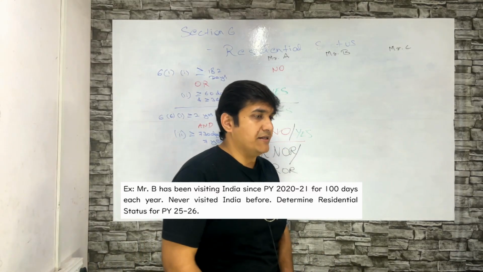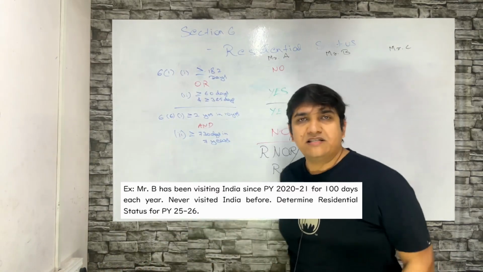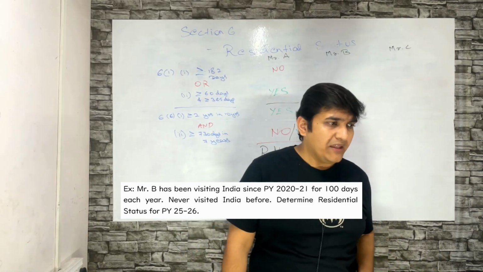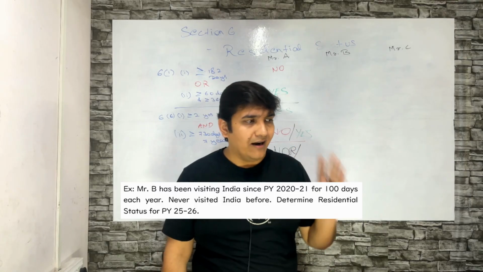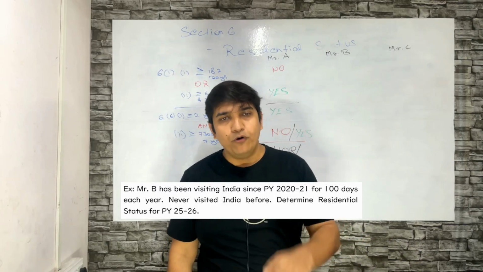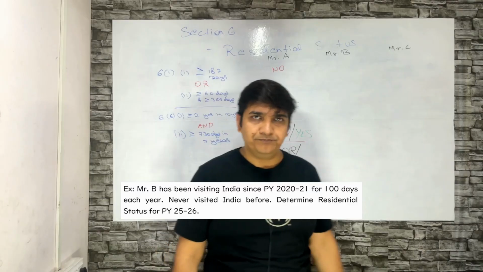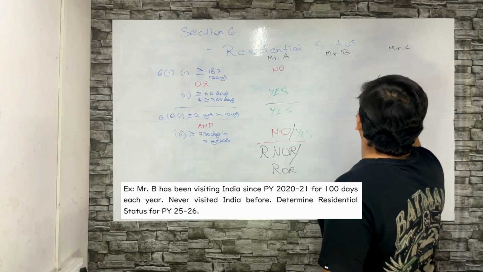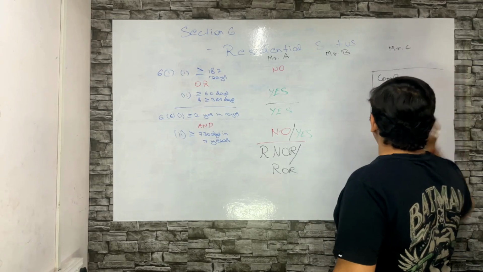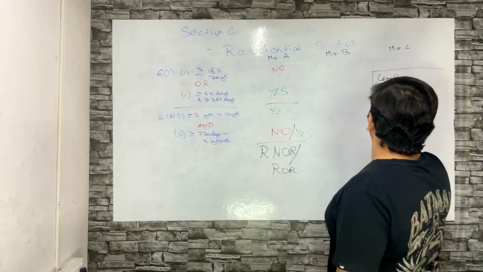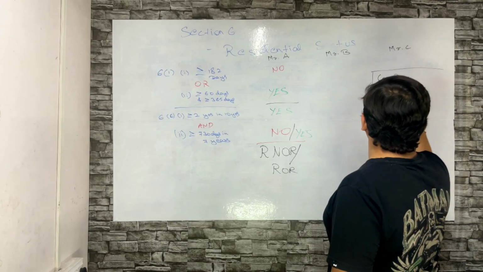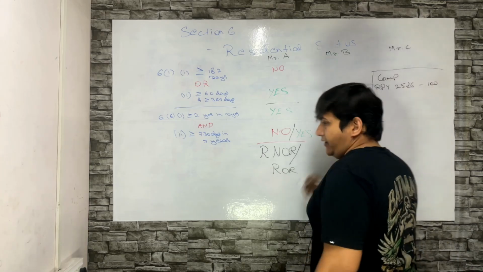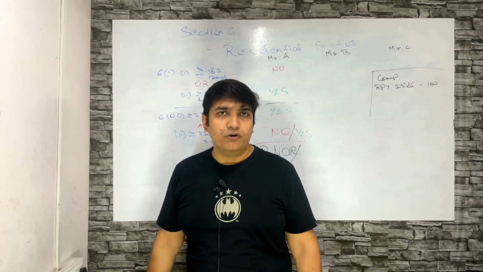What is the question for Mr. B? From previous year 2021, Mr. B has visited India for 100 days each year. And before 2021, he has never visited India. So based on the question we have, in the relevant previous year, that is 25-26, Mr. B has visited for 100 days. And since when has he visited for 100 days?